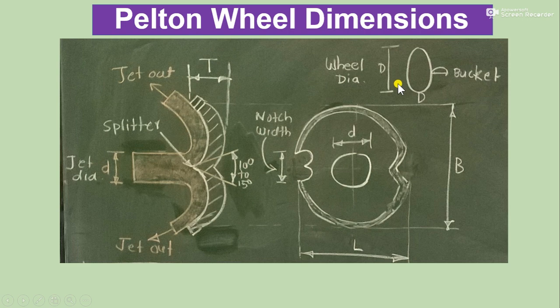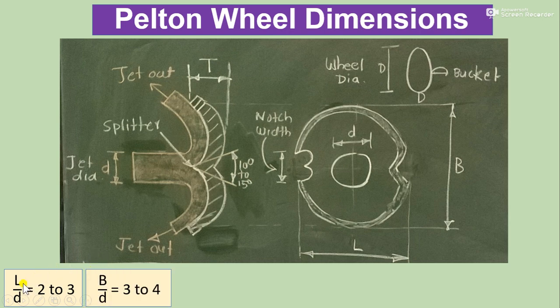Diameter of wheel is taken as capital D. Now we can use various relations. Capital L by D is equal to 2 to 3. Capital B by small d is equal to 3 to 4. Wheel diameter to jet diameter is to be taken in the range of 11 to 16.